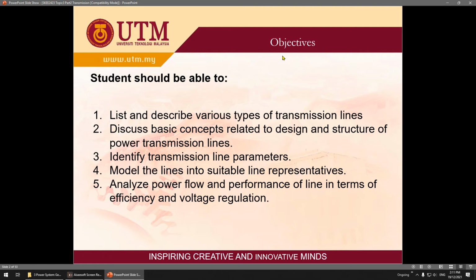At the end of this topic you should be able to list and describe various types of transmission line, discuss the basic concept related to the design and structure of the transmission line, identify the transmission line parameters, and know about modelling the line into a suitable line representation, and then analyze the power flow and performance of the line in terms of efficiency and voltage regulation. So this one is the calculation part. This topic mostly focuses on the theory.